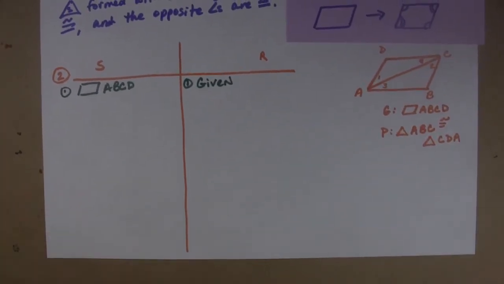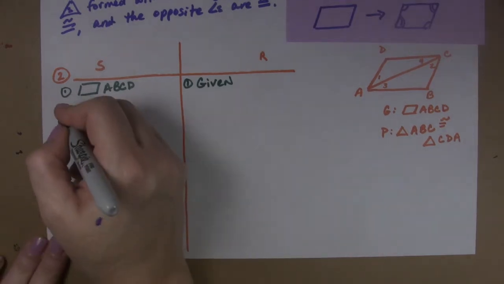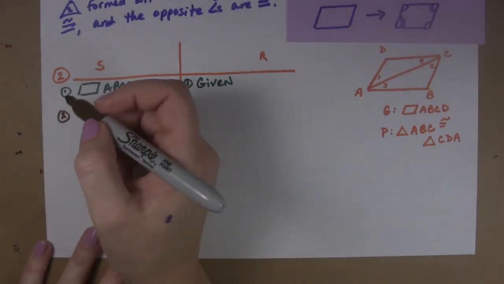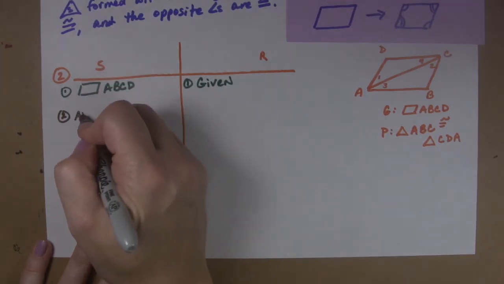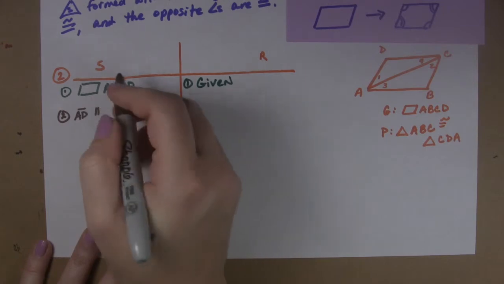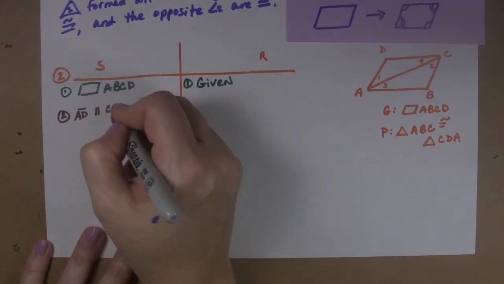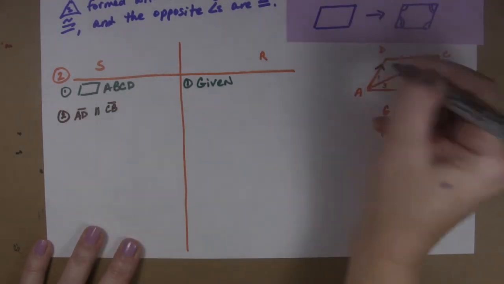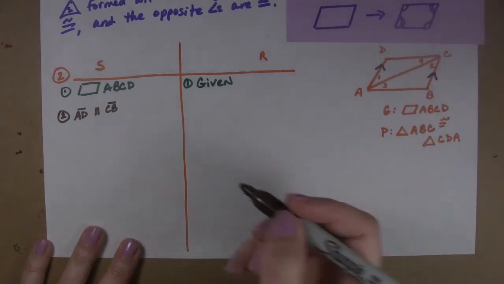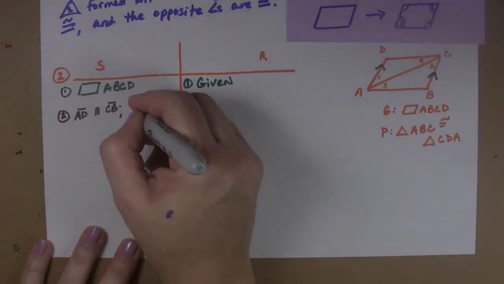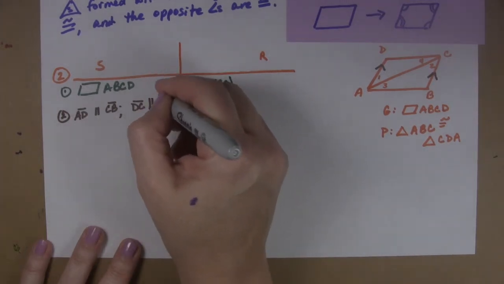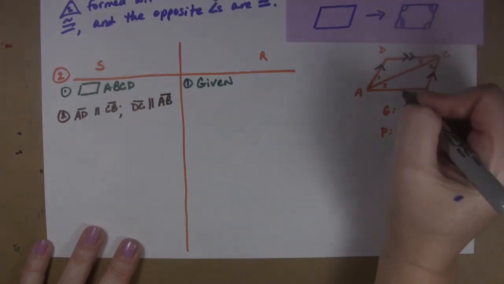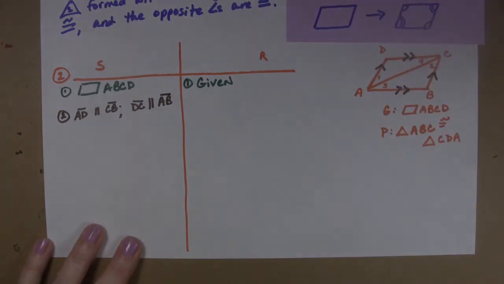There we go. Okay, then our second step is going to be to say, all right, I know that AD is parallel to CB. So AD is parallel to CB. And I know that DC is parallel to AB. So this right here is parallel to that right there.